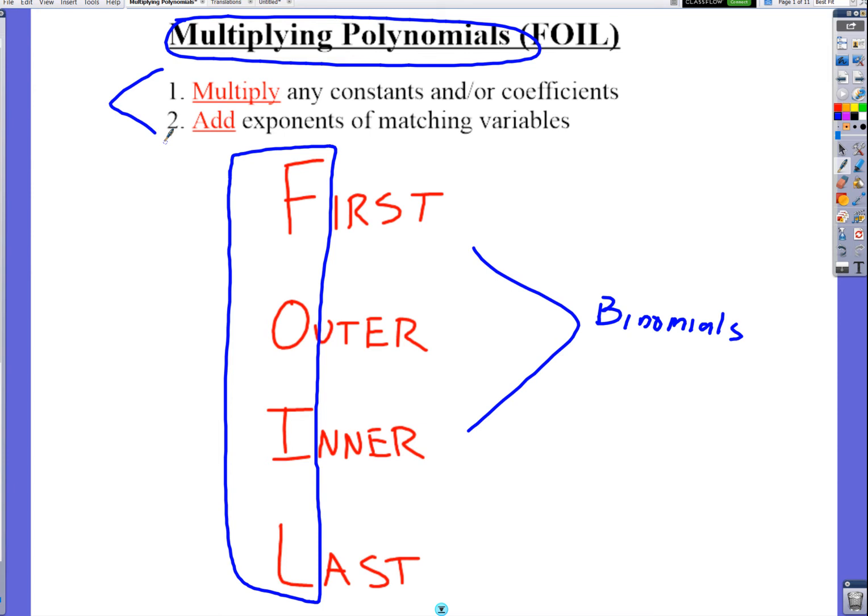When we multiply, where? Give me a location. Where do we multiply? We multiply just constants and coefficients. So if you're comparing and contrasting, think about the adding and subtracting yesterday. Where did we add or subtract? When we were combining like terms, where did we actually add and or subtract?